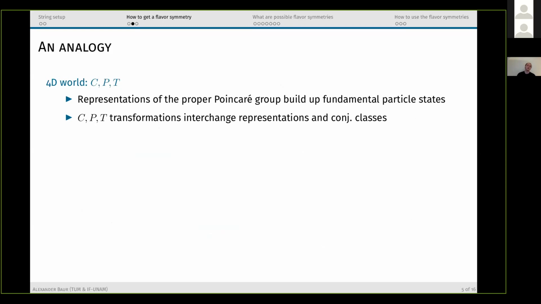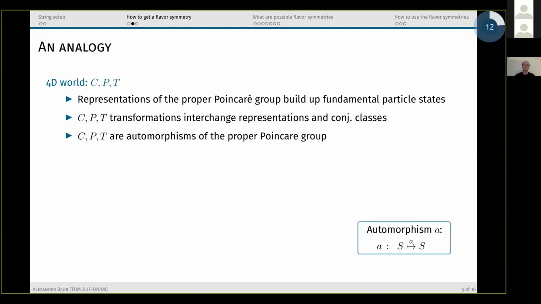And we also know that the C, P and T transformations, so charge conjugation, parity, and time reversal, can interchange those representations and therefore always the conjugacy classes simultaneously. And well, this is because C, P and T are outer automorphisms of the proper Poincare group. An automorphism is a map from the group onto itself. So you can think of it more or less as a symmetry of the group if you want.